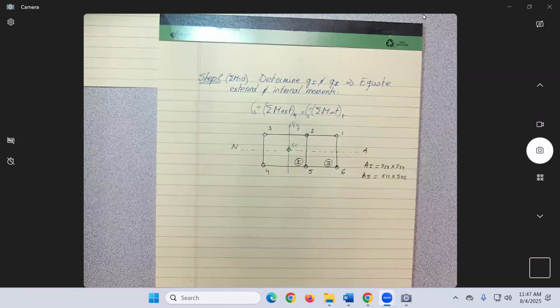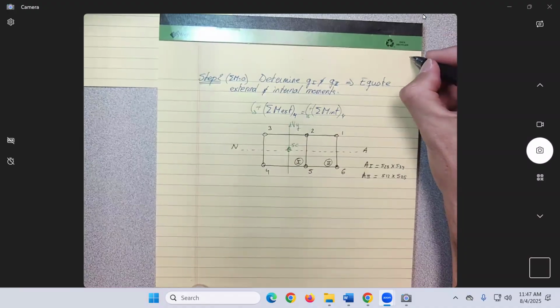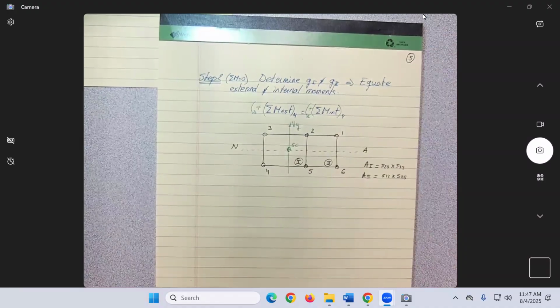We don't know the location of the shear center. We have not calculated it. So one option to solve this problem will be what? To first solve the location of the shear center. Okay, but then what do you do with the shear center?